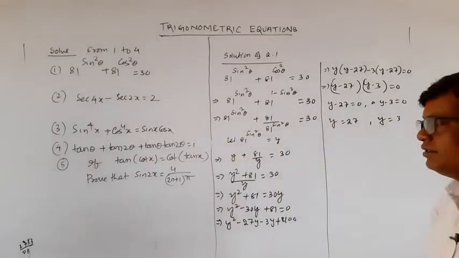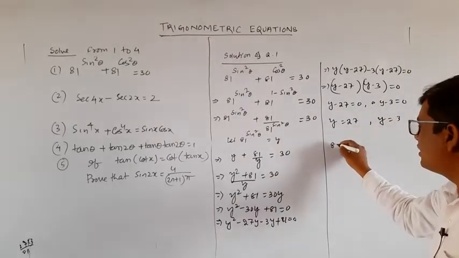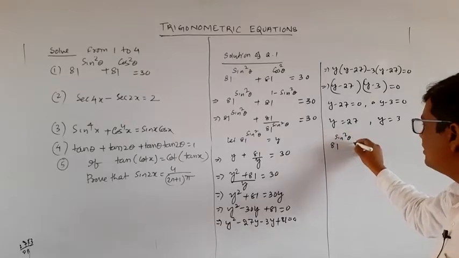y means 81 to the power sin square theta. 81 to the power sin square theta is equal to 27.